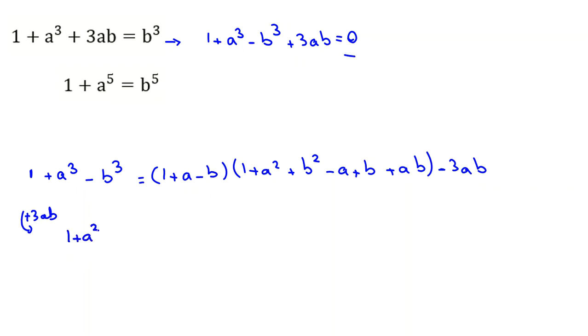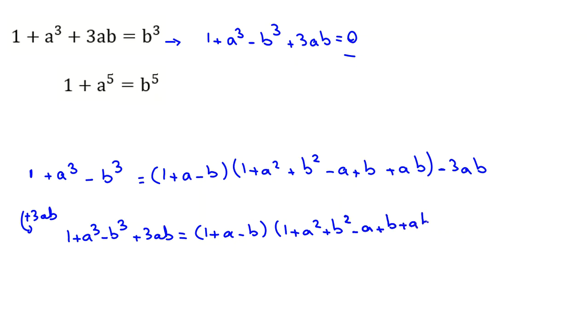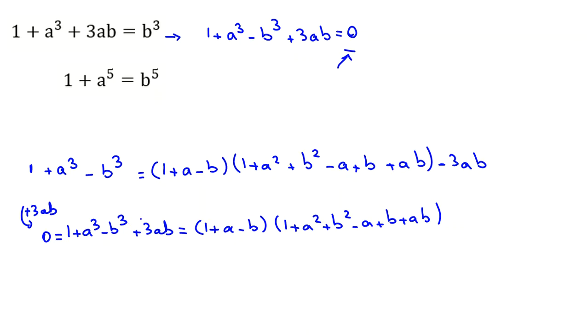It will be 1 plus a cubed minus b cubed plus 3ab equal to 1 plus a minus b times 1 plus a squared plus b squared minus a plus b plus ab. And you know here it is equal to 0 because of this part. So the product of two parts equal to 0.